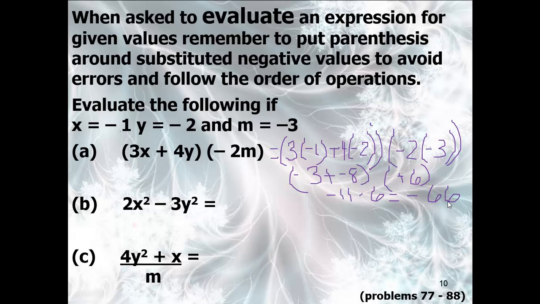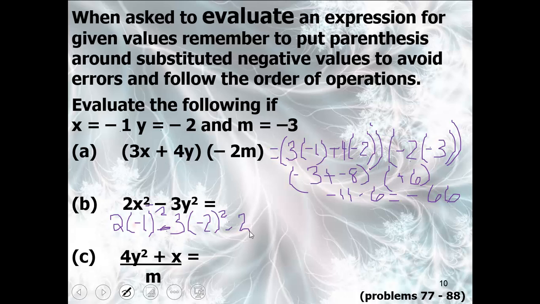Let's try B. Now, we're going to be squaring a negative number. So think through that. You're going to want to say it's a negative answer, but whenever you square a negative, you get a positive. Okay. I have to apply my exponents first.